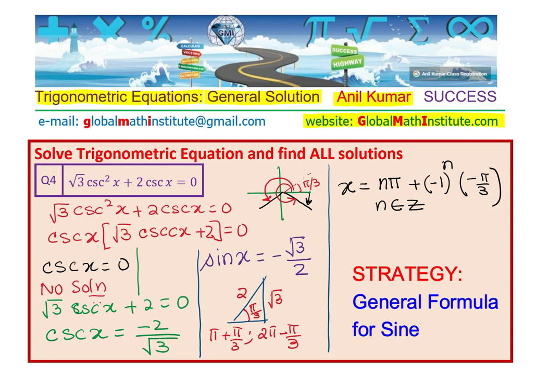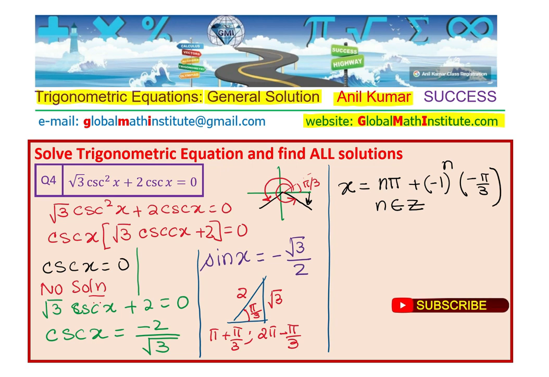So that becomes the general solution for the given function. You can verify by putting different values of n that it works, right? If you're working in degrees, well, in that case, you will write 180n plus minus 1 to the power of n times minus 60 degrees.